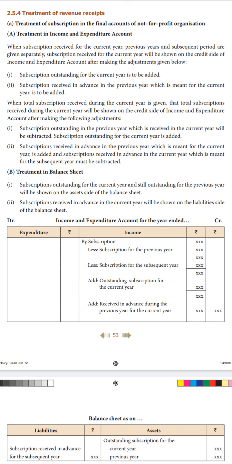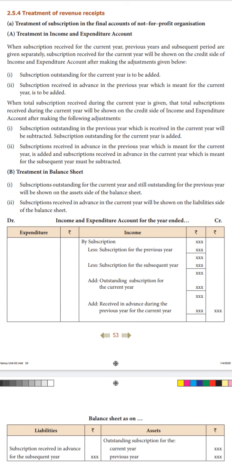So when the total subscription received for the current year is given, the total subscription received during the current year will be shown on the credit side of the income and expenditure account. If you have subscription outstanding from the previous year which is received in the current year, then we reduce it.